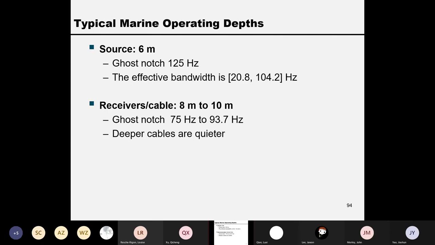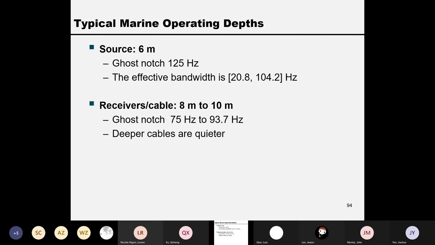So now, a typical marine acquisition geometry is this. Source at 6 meters. You can work out the ghost notch is 125 hertz, right? Why do we do that? Because of 125 hertz, we're talking later about Nyquist frequency, because this will be related to the sampling rate.